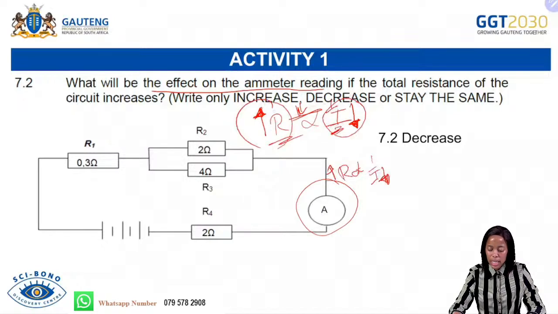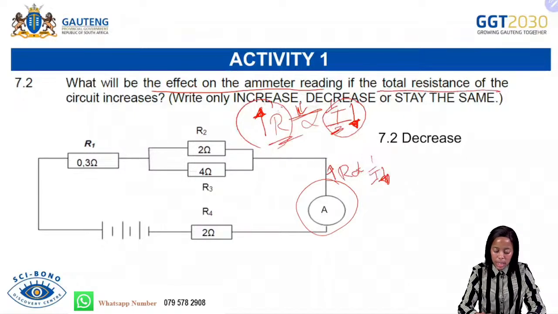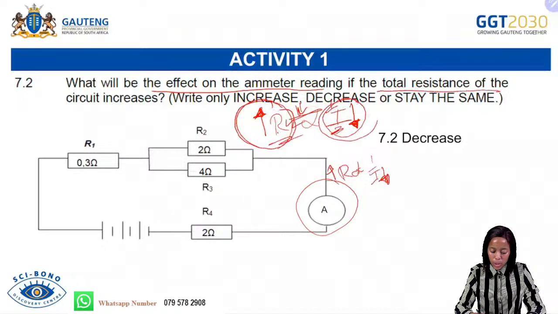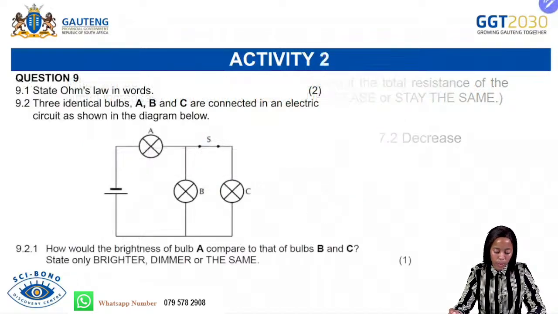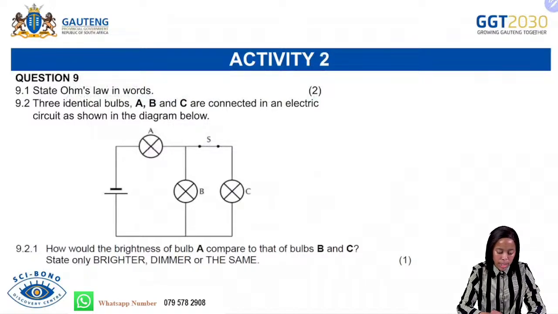So it's an inverse relationship. If the total resistance increases, therefore the total current is going to decrease because the two are inversely proportional. Okay.